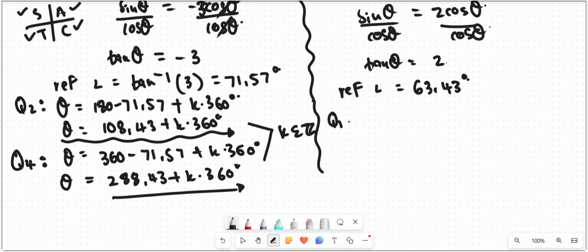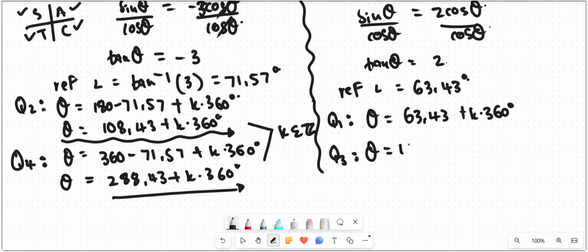So in quad 1, theta is that 63.43 plus K360. In quad 3, theta is 180 minus that 63.43 plus K360.